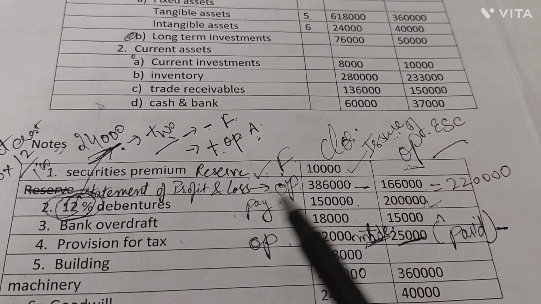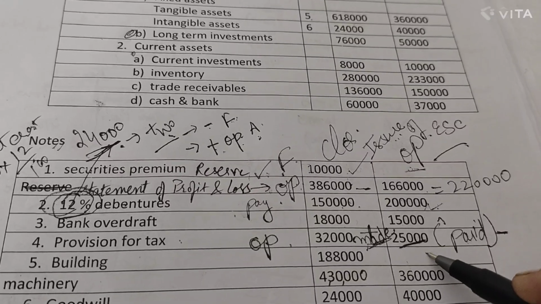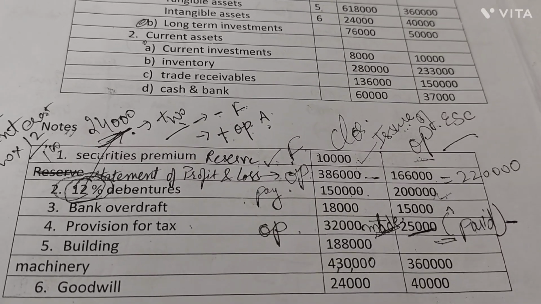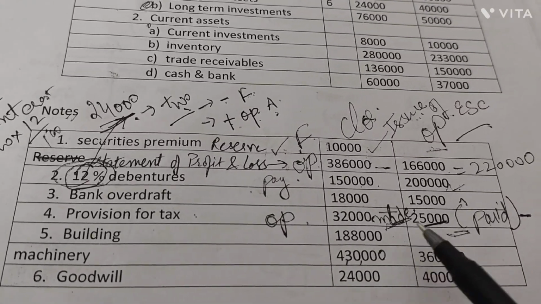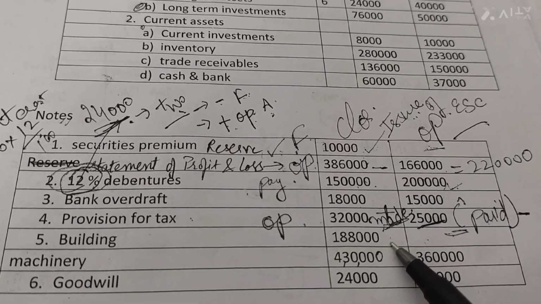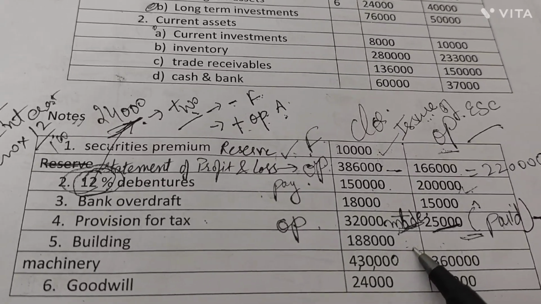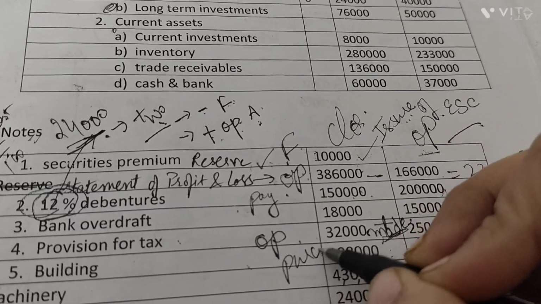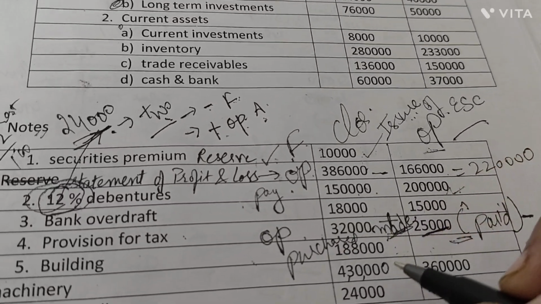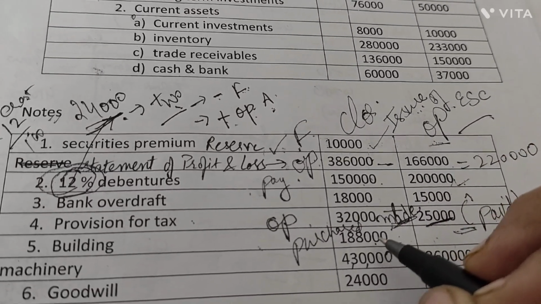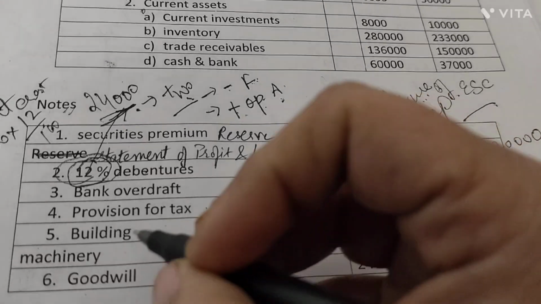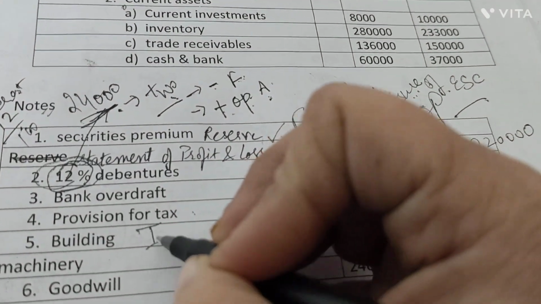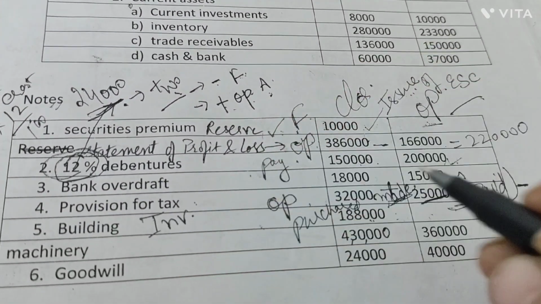Here he says that the building balance, which was earlier 0, has now increased to 1,80,000. If the building balance was 0 earlier and now it exists, that means you have purchased the building, right? Purchase of building is rupees 1,80,000, and this purchase of building will go to which activity? Investing activity, right?